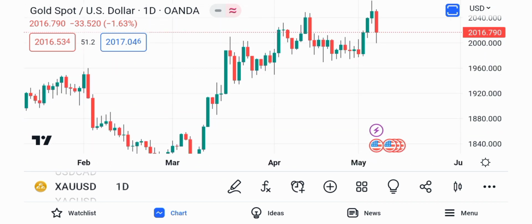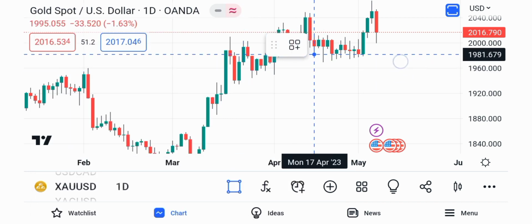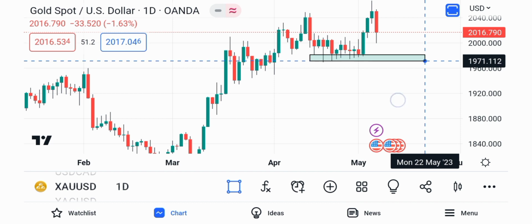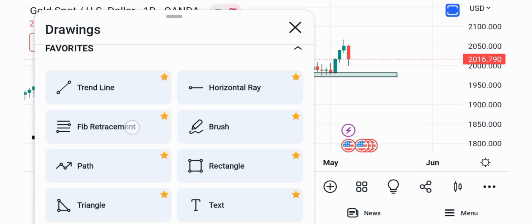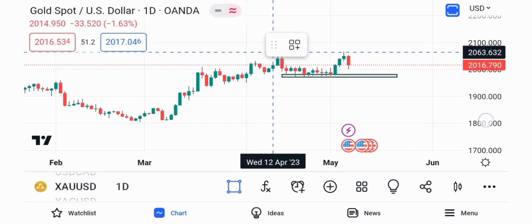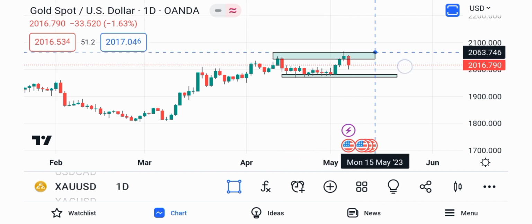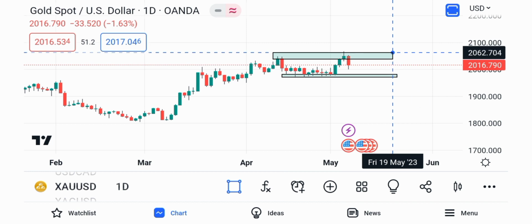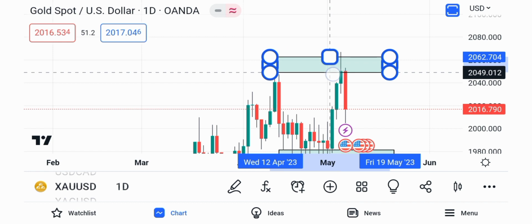So on gold, we can spot a level here. You can see a lot of wicks at this very point, and also we can spot another key level here. Let me adjust this point.